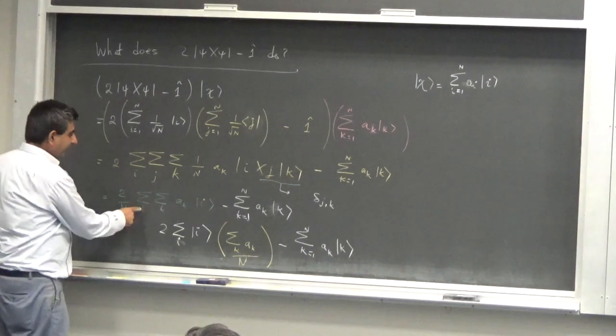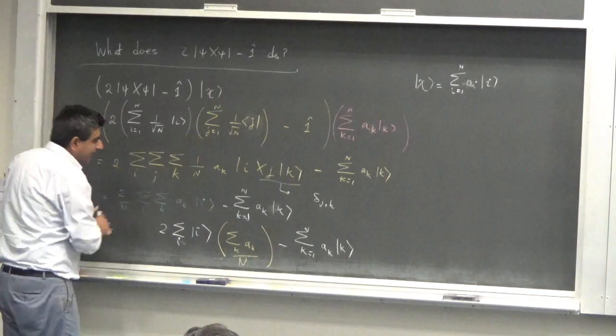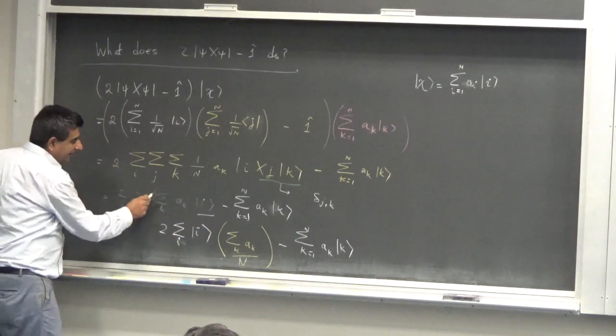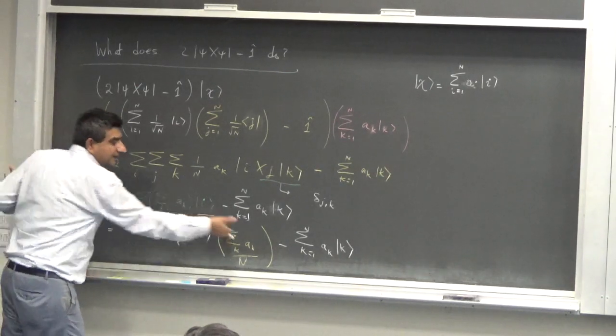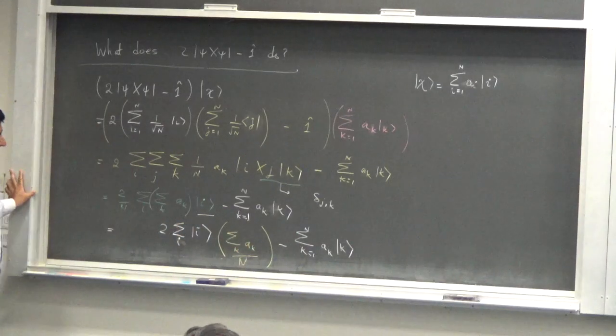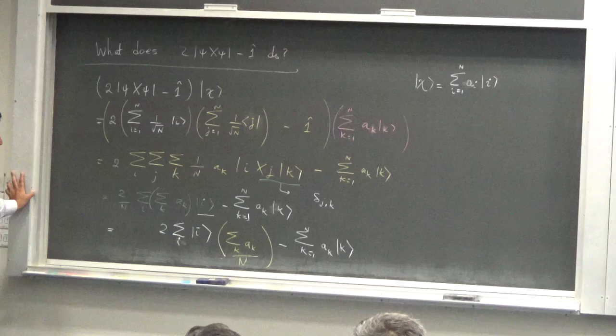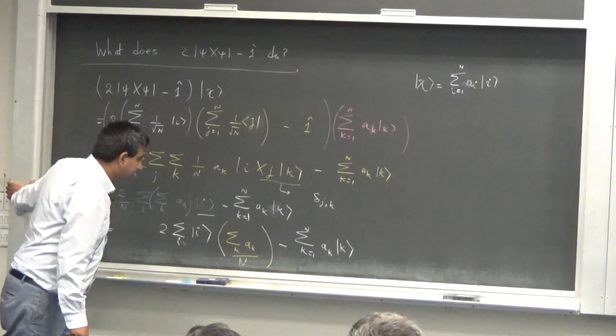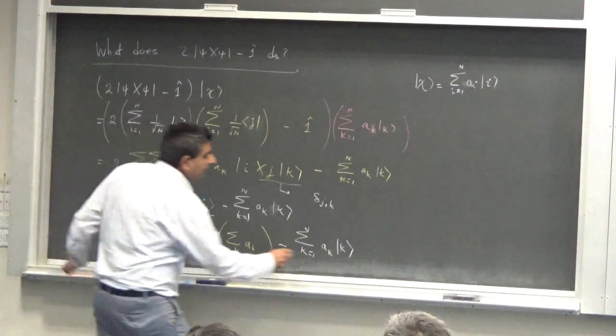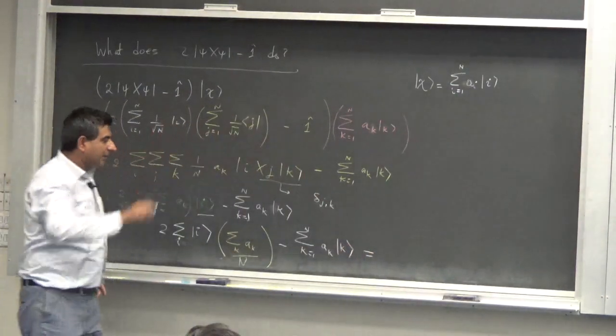So I'm just connecting this ket with this summation. This is independent, this has no i in it, so it can be pulled out. So am I missing a factor of root n somewhere? So I can also write this as the following. Okay, got it. I'm good.